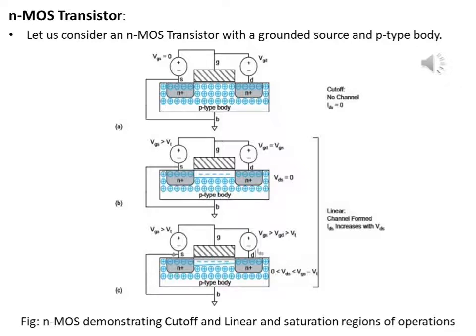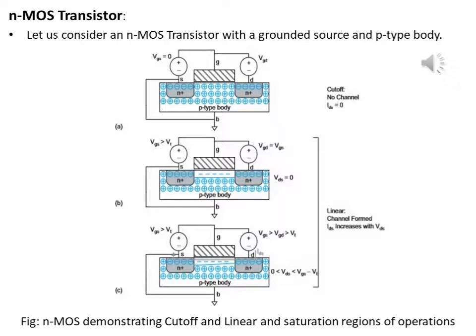It is clearly given in figure C. Next condition, if VDS becomes sufficiently large that VGD, the gate to drain voltage, is less than the threshold voltage, the channel is no longer inverted near the drain and it becomes pinched off.